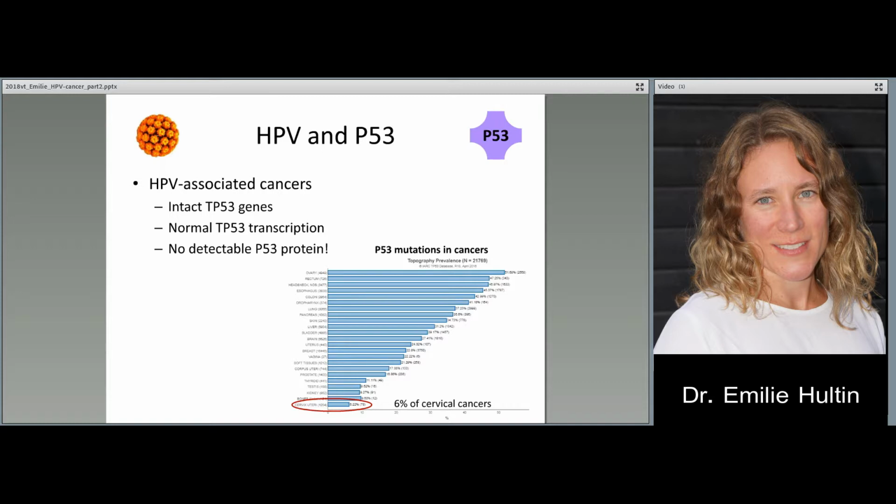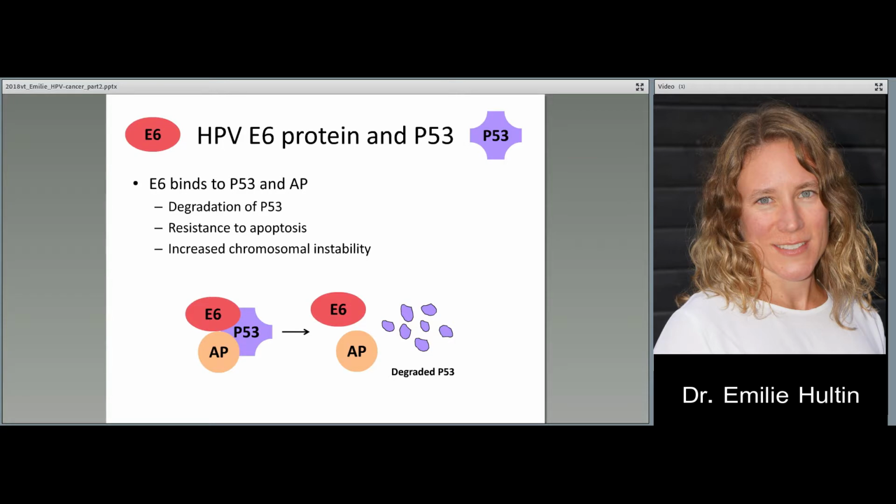Only 6% of the cervical cancers. This is seen in HPV-associated cancers: they have intact P53 genes and normal TP53 transcription. However, there is no detectable P53 protein in the cells. So how come?